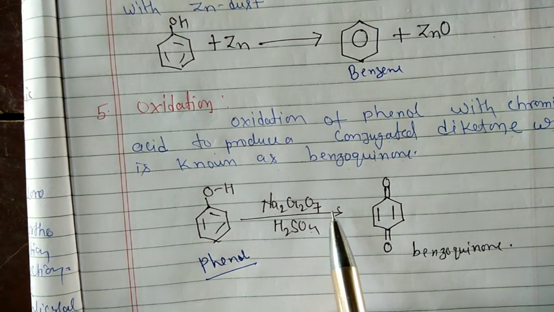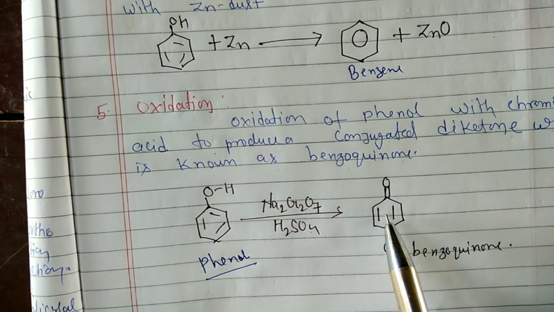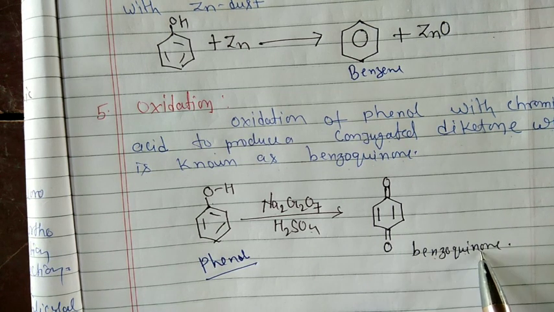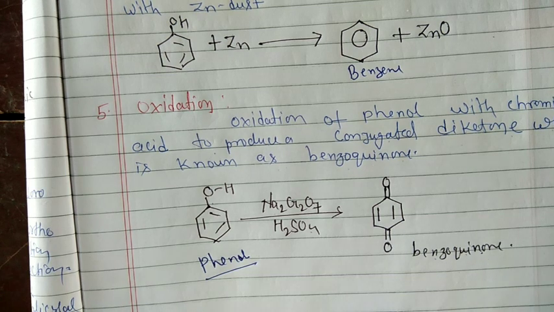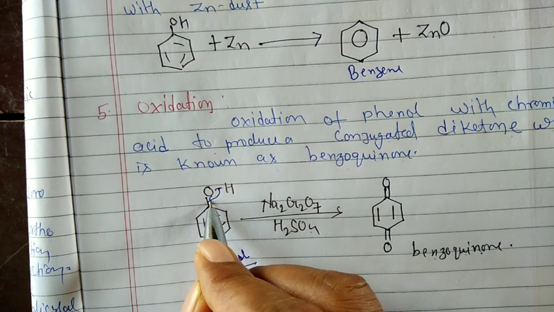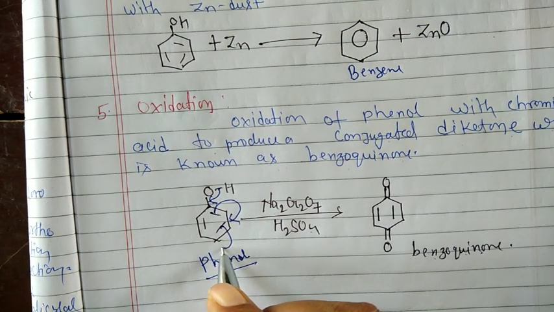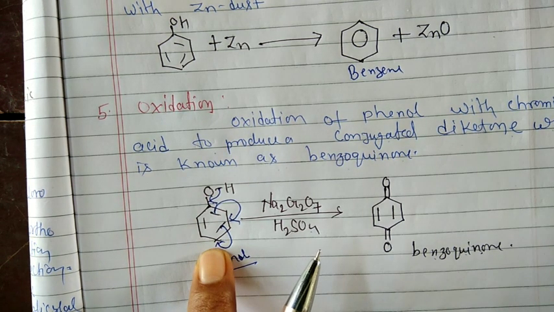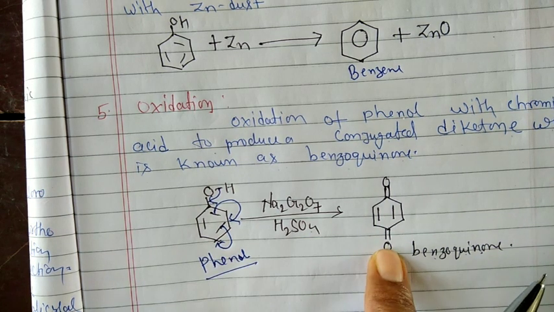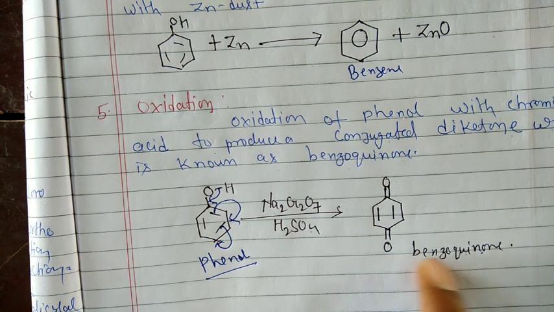This chromic acid, after hydrolysis, forms a diketone, and this diketone is known as benzoquinone. How is this compound formed? Simply you see here, this bond is broken and comes to this position. This bond transfers to this position, and this bond transfers to the para position, and then oxidation occurs at these positions and this bond remains the same. So this is known as benzoquinone.